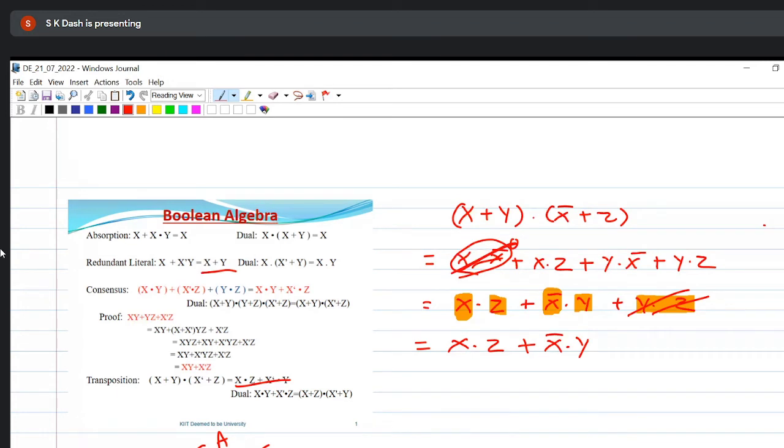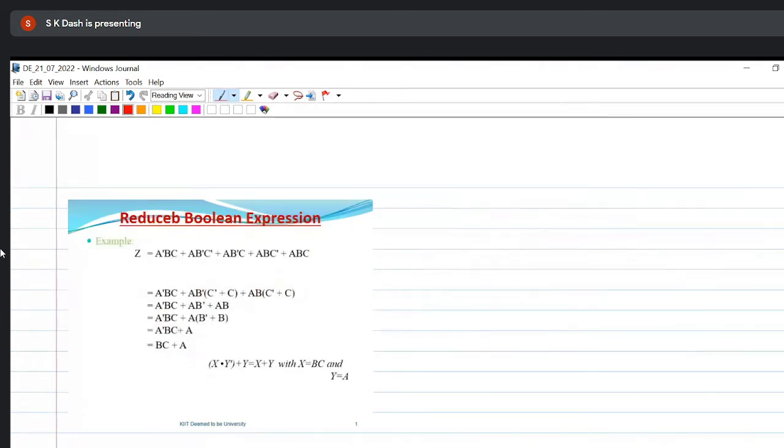Okay, so why are we learning all this? Whenever we are implementing any expression, suppose I want to implement this function AB plus BC plus AC.